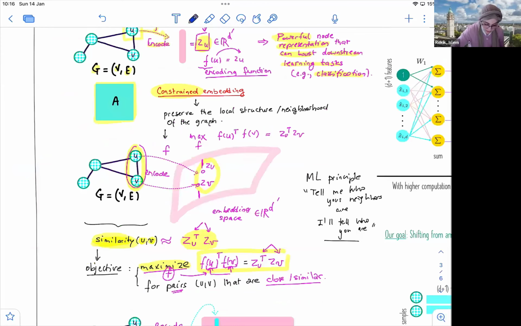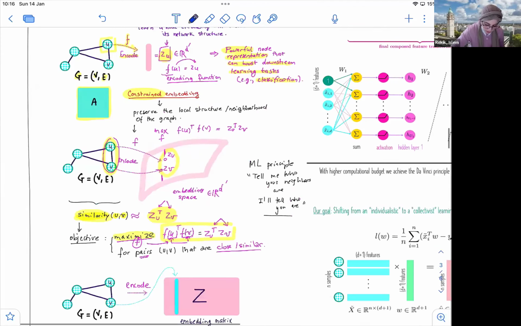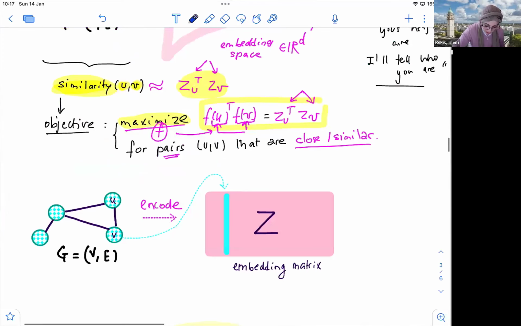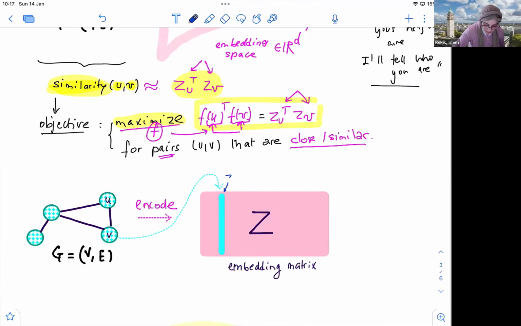So this is simple graph node embedding. You take a node v in the graph and you encode it, and you can define z_v for this particular node. This embedding belongs to R^d prime. And this is the whole embedding matrix that is called Z, the embedding matrix for all nodes of the graph.